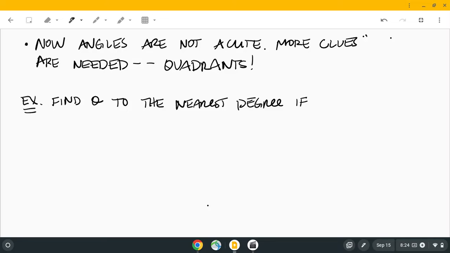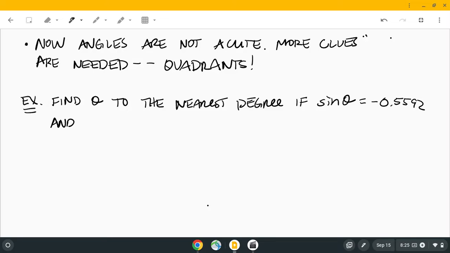If sine theta equals negative 0.5592, that's not going to be enough, because now we have a bunch of angles that could have that answer, negative 0.5592.